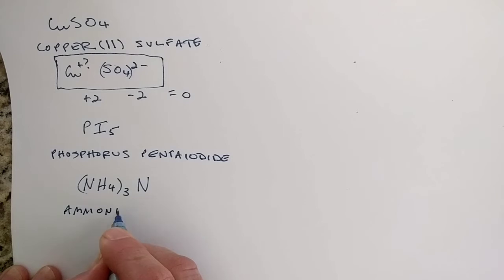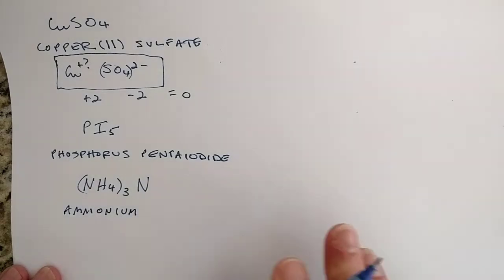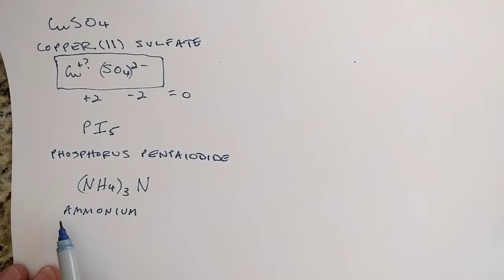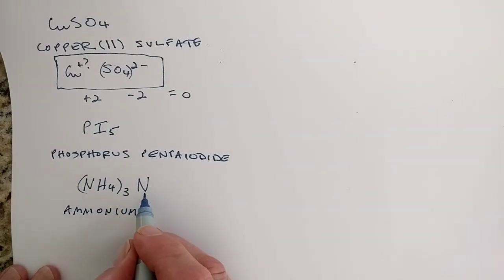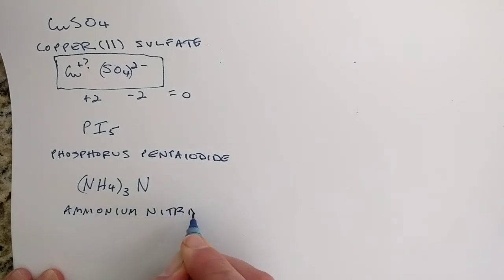So that is its name. Ammonium does not get a Roman numeral. Ammonium is always a +1. It's never any other charge, so there's no reason to indicate its charge, just ammonium. And then N, this is the nitrogen as an ion, which is nitride. Ammonium nitride. And that's it.